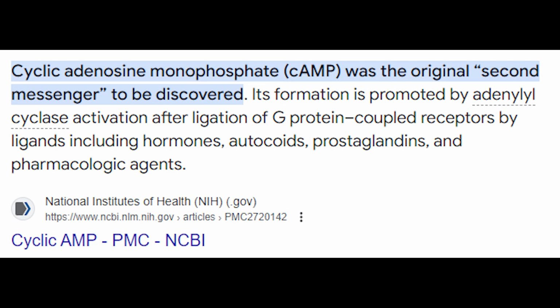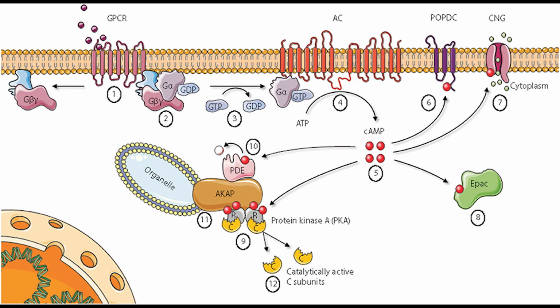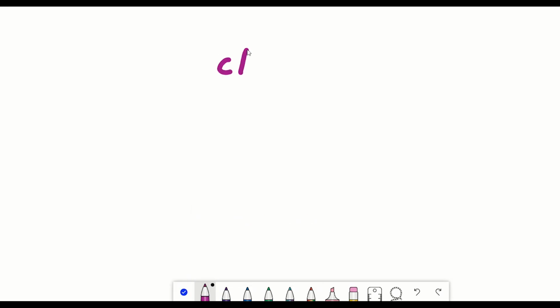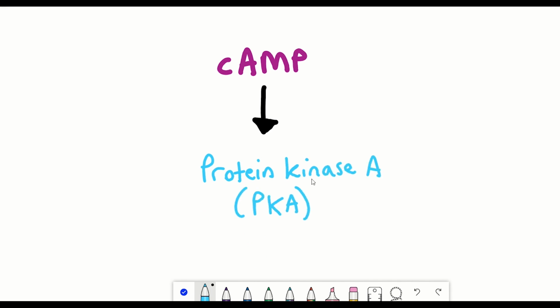Fun fact. But this is when it starts to get a little bit complicated, because cyclic AMP can have many different impacts in the cell. But one of the major targets that cyclic AMP is known to activate is a protein called protein kinase A, which is a kinase protein, so it basically adds phosphate to other proteins.